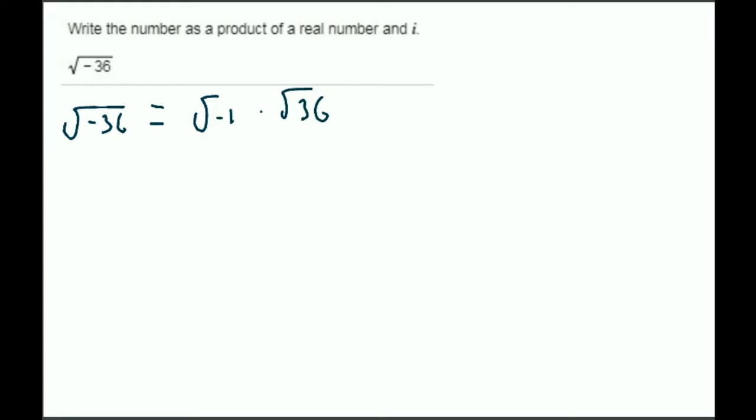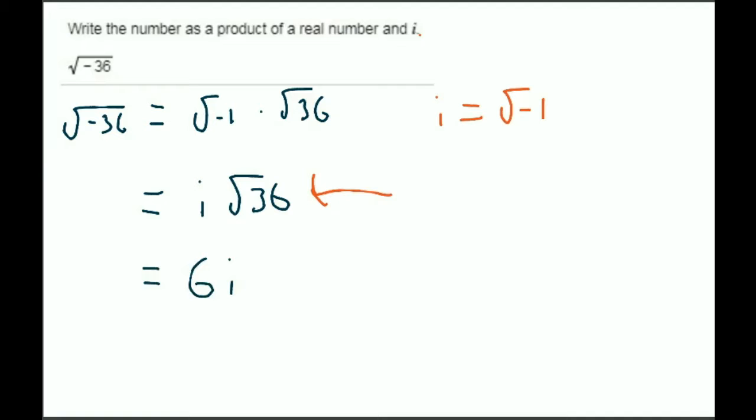Remember that rule that i is equal to the square root of negative 1. So here we're replacing that square root of negative 1 with i. Now we can simplify the square root of 36, which is 6. So our answer becomes 6i.